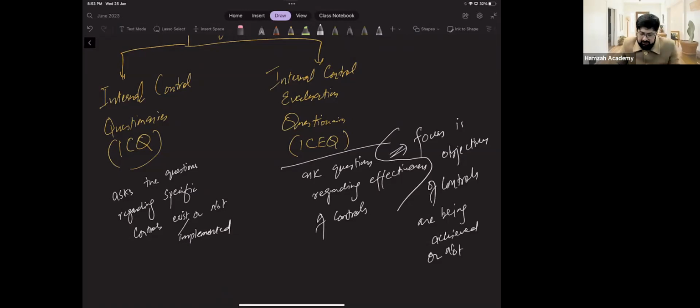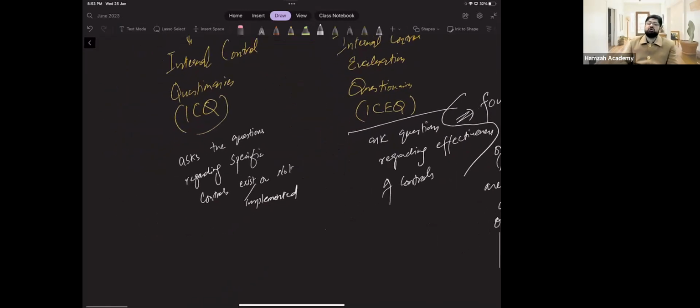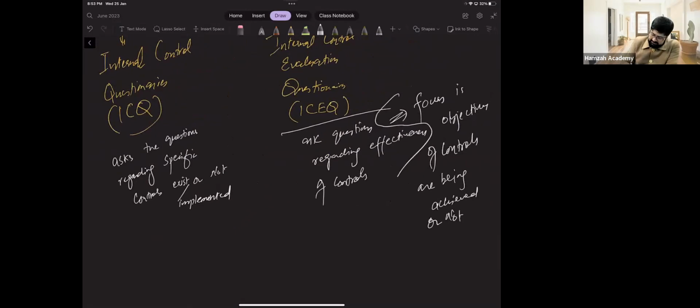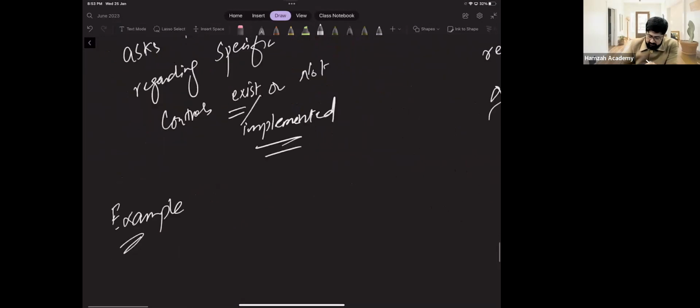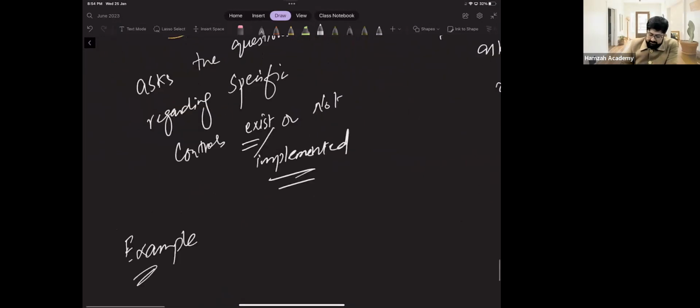So internal control questionnaire, ICQ, example. Like, whether a specific control is implemented, whether a specific control exists or not. What is the example?